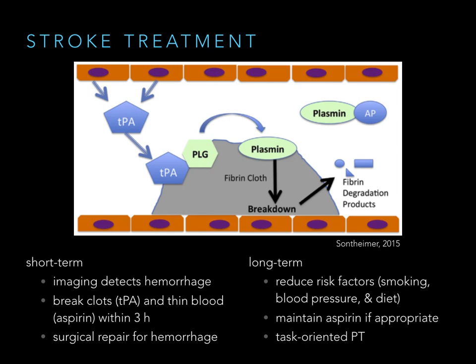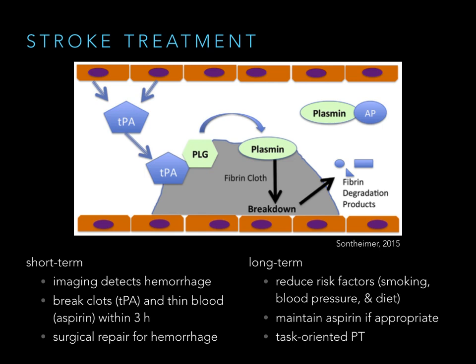In other words, over 5 years, if you follow 1,000 people, one of them will have a hemorrhage as a result of the aspirin use. So it's an incredibly low risk, but undoubtedly the use of blood thinners will decrease the risk of secondary ischemic stroke. Like everything in life, it's a cost-benefit analysis. You have to weigh the pros and cons of the use of blood thinners following a stroke.